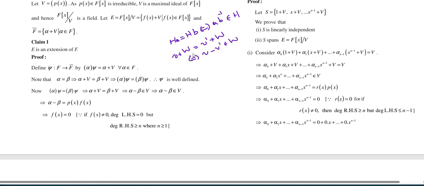So that is what is used in the case of F[x] mod V also. So this in turn gives alpha minus beta belongs to V.